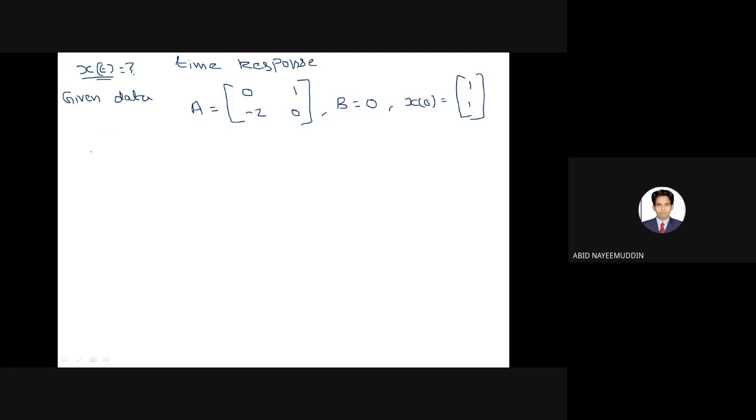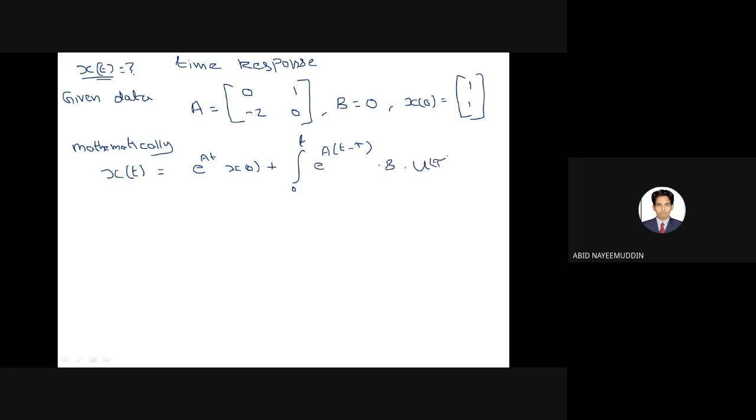Now, mathematically, to solve this, I am just writing the formula. X of t is equal to e power At into X of 0 plus the integration from 0 to t of e power A into (t minus tau) into B into u of tau.